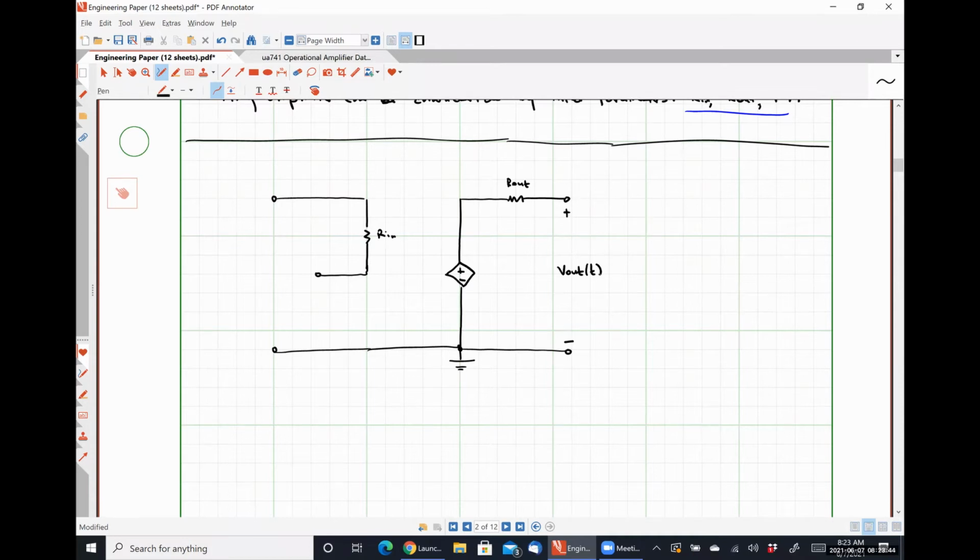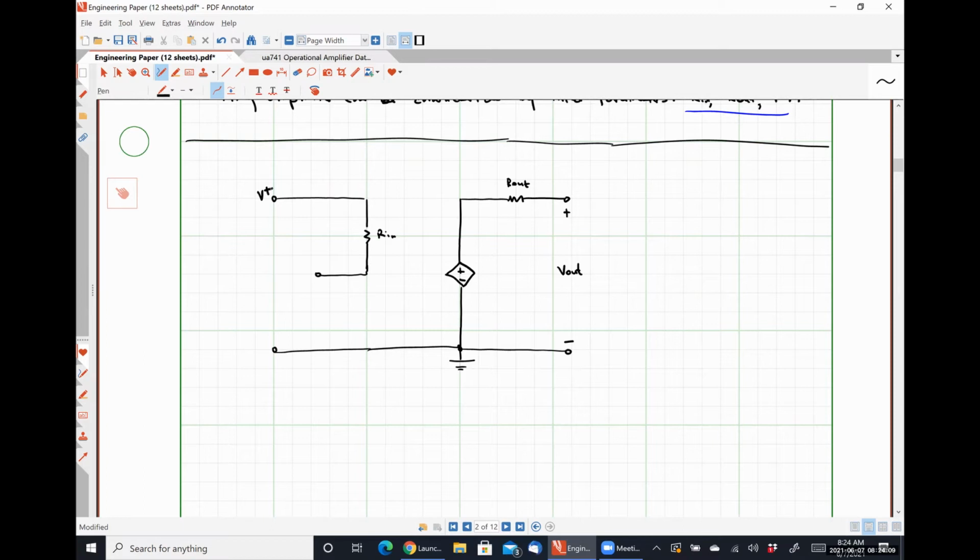So I'm going to call that V out. Actually, I'm not going to say it's a function of time. It may be, but I'm just going to generically call it V out right now. And I need to define a couple of other things here real quick, okay? So the first thing that I'm going to define is I'm going to label this input V plus.